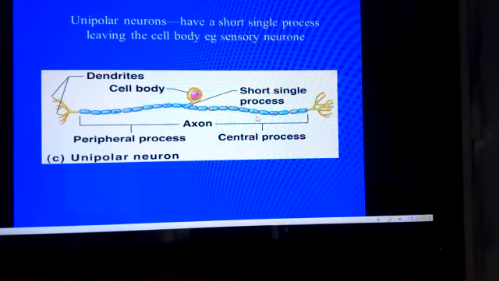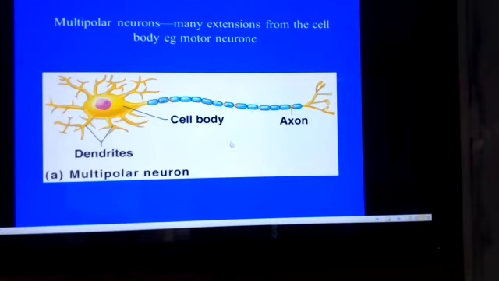And then the last one is the multipolar neurons. The word multi means many, and therefore there are many dendrites or extensions from the cell body, as always seen in the motor neuron. Now, the motor neuron, typically part of its cell structures are actually located within the central nervous system.